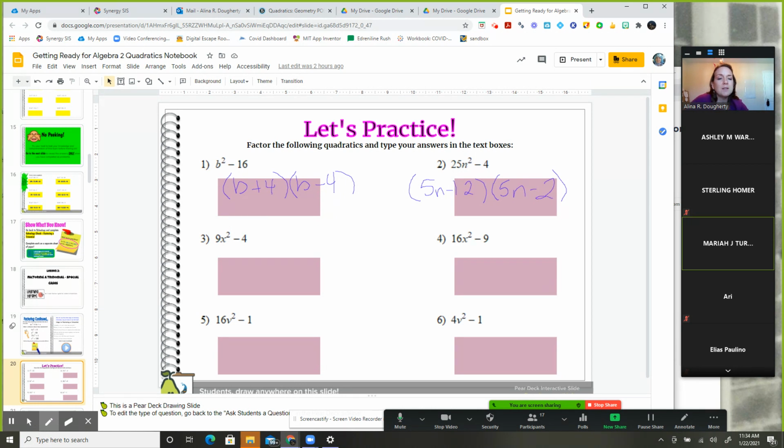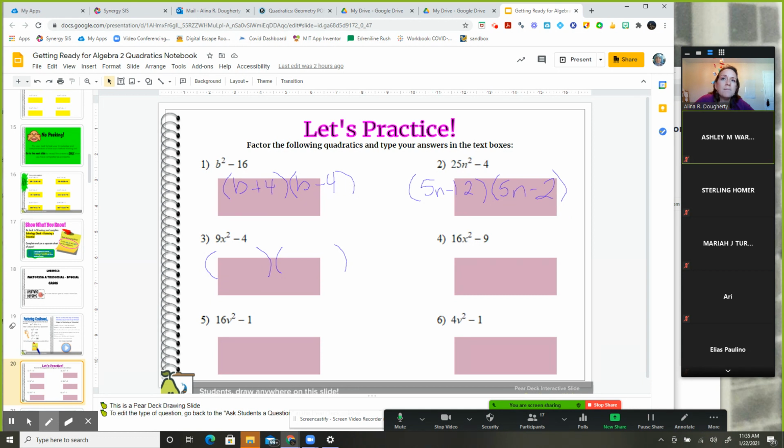Absolutely. So I've heard from Ashley. I've heard from Mariah. Who else can I hear from for number 3? Don't be shy. Take the square root of the first term, square root of the second term, and then you add them in one parenthesis and subtract them in the other.